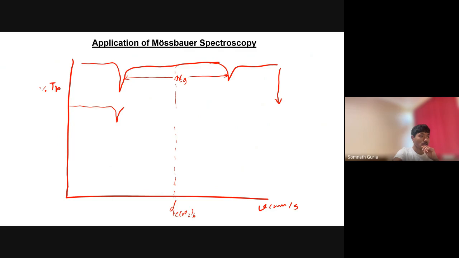The intensity goes down a little bit, and followed by a small shoulder kind of peak found in the Mossbauer line.